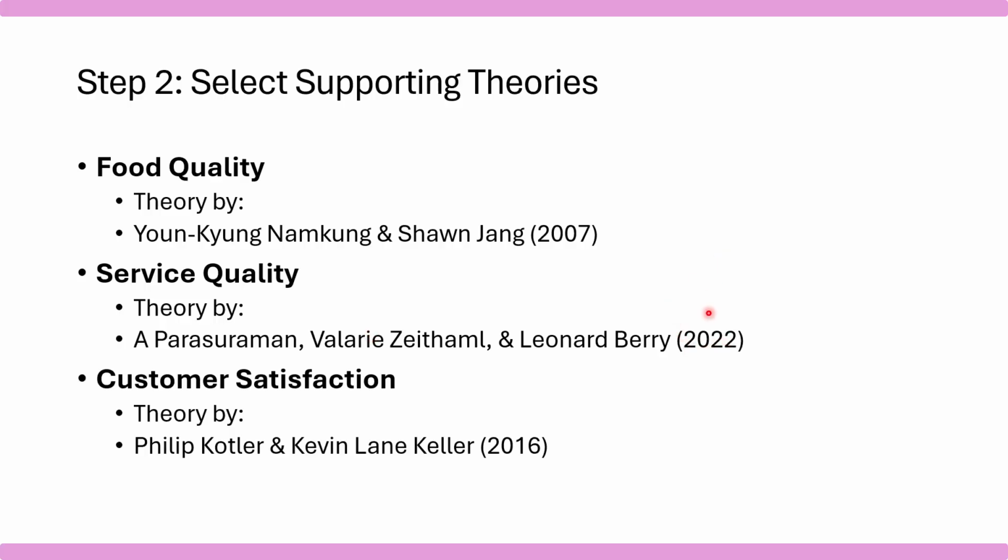Voila. Yes, you have to use the newest year that you can find. And then we have customer satisfaction, the theory by Philip Kotler and Kevin Lane Keller, usually called Kotler and Keller, in 2016.